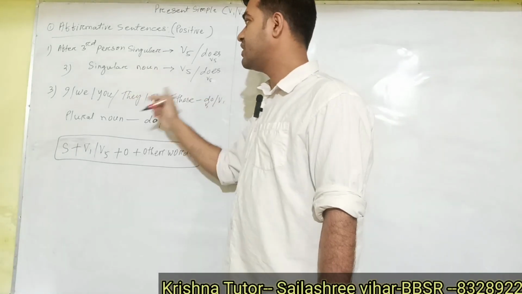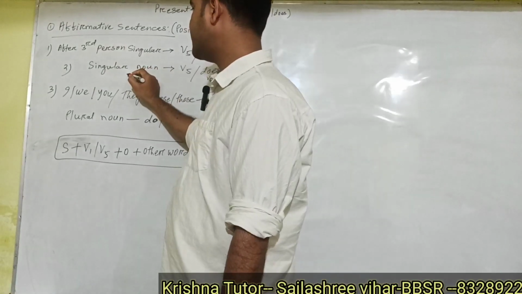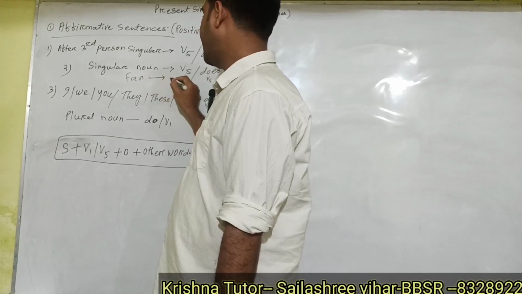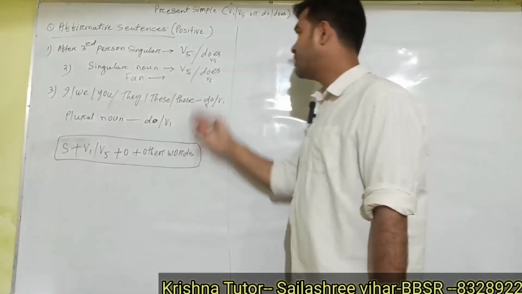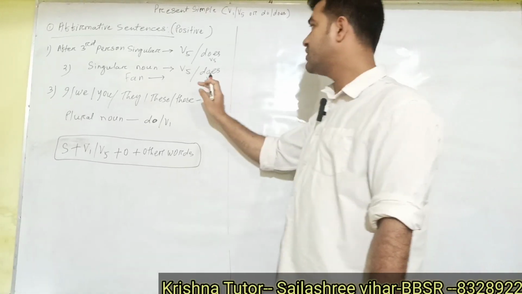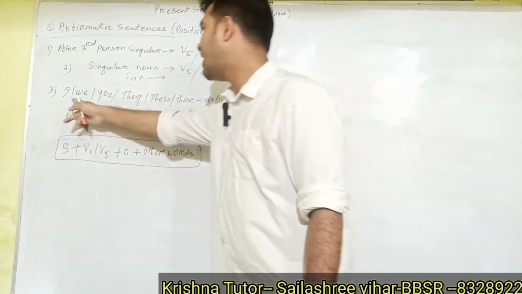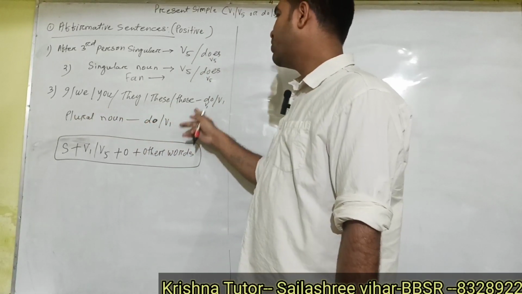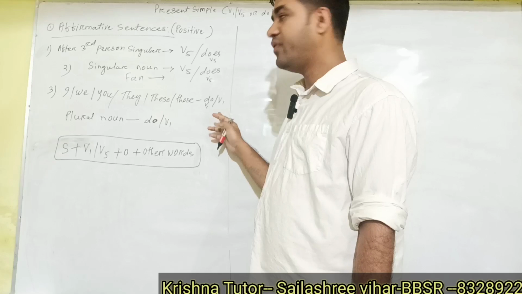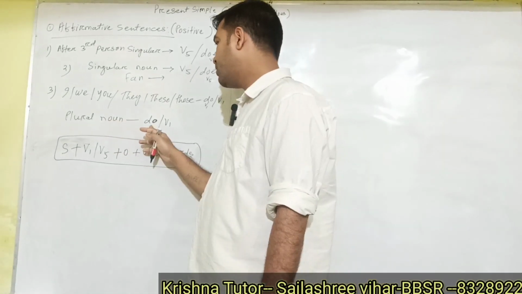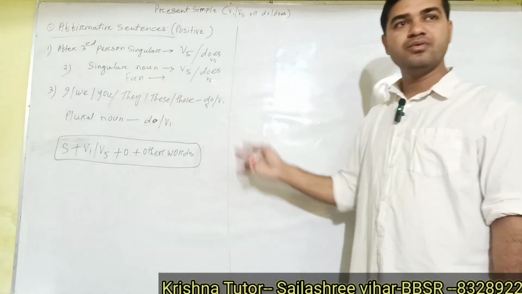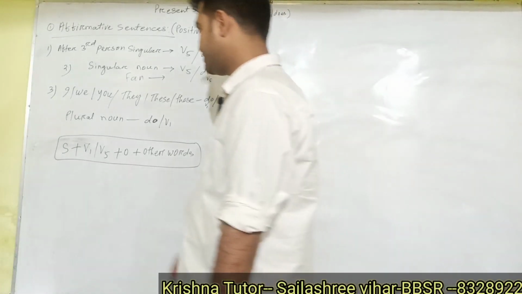After a singular noun, for example fan, fan is a singular noun, fan does, because after a singular noun we have to use does and V5. If I say I, we, you, they, these, those, we have to use do or V1 form. After plural noun you can use do or V1 form. You do translation, you'll get to know where to use and how to use.